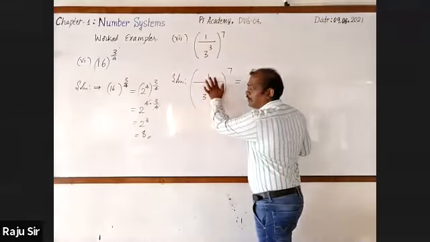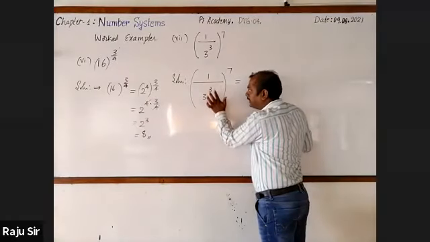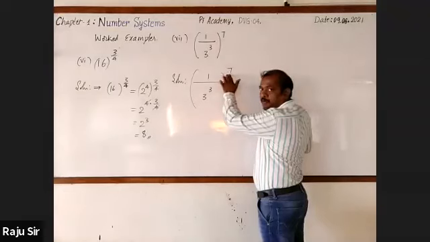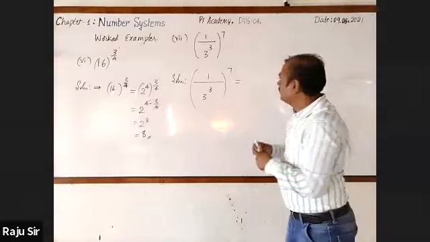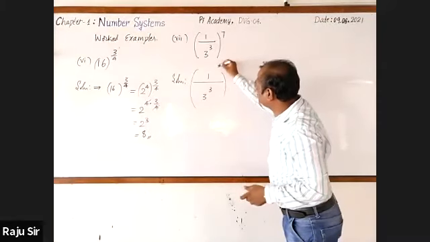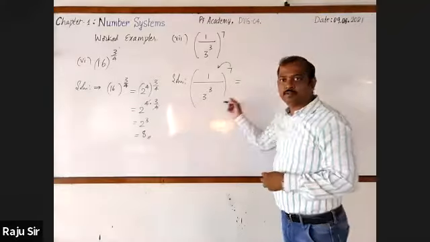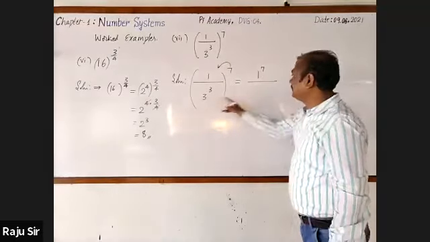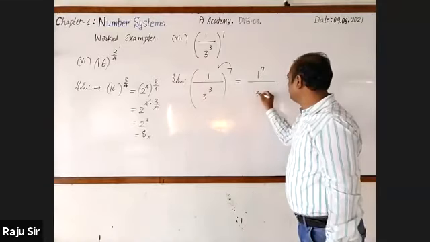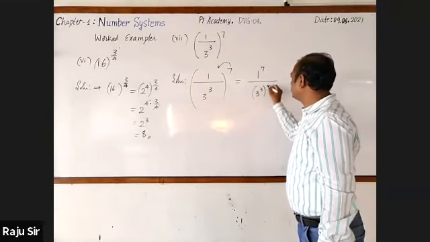This is also shown as A by B raised to the power M, which is A raised to the power M by B raised to the power M. So apply power 7 to both numerator and denominator. It is 1 raised to the power 7 by 3 raised to the power 3, raised to the power 7.